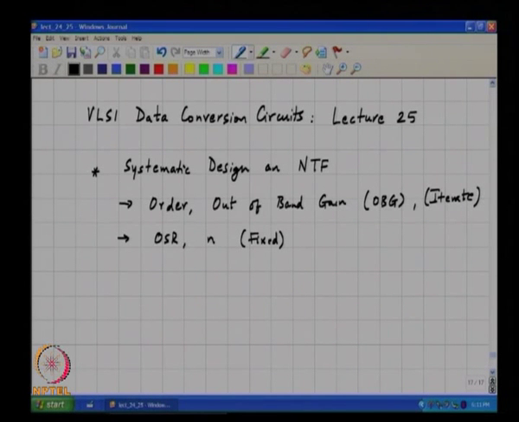All right. So, clearly the choice of n is still something that we need to discuss a little bit more about. As we saw last time, increasing n only increases the in band SQNR for a given NTF by 6 dB.